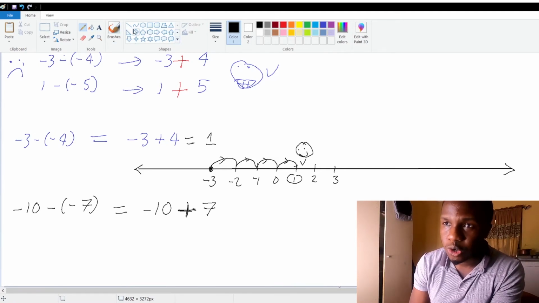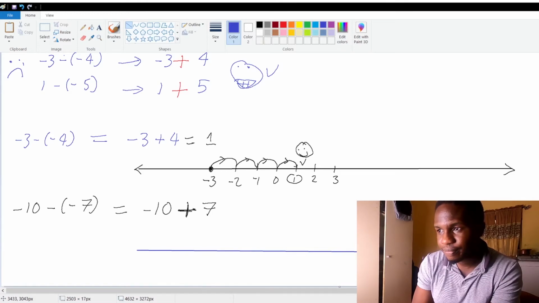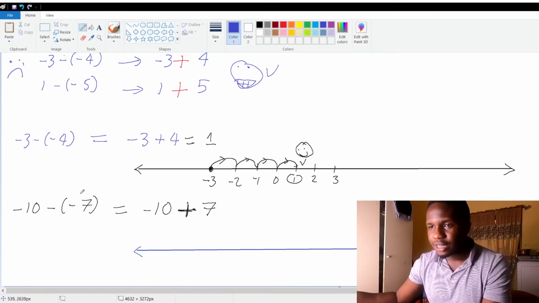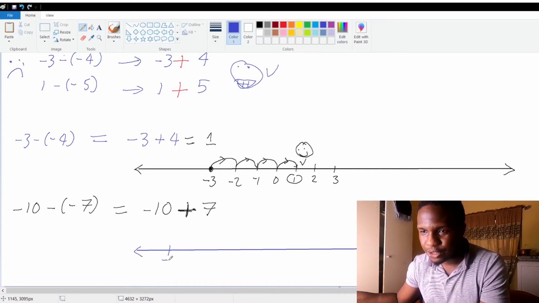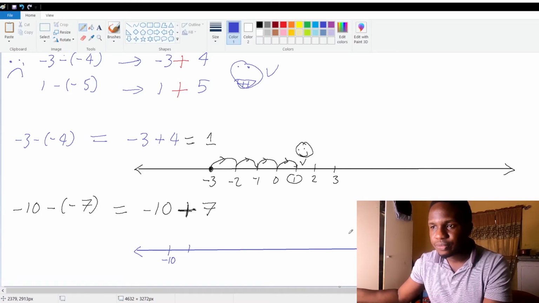So let's draw our number line again and do that. Okay. And we're going to draw our arrows. And let's just start from minus 10 because we know we were starting from minus 10. So let me add some numbers.